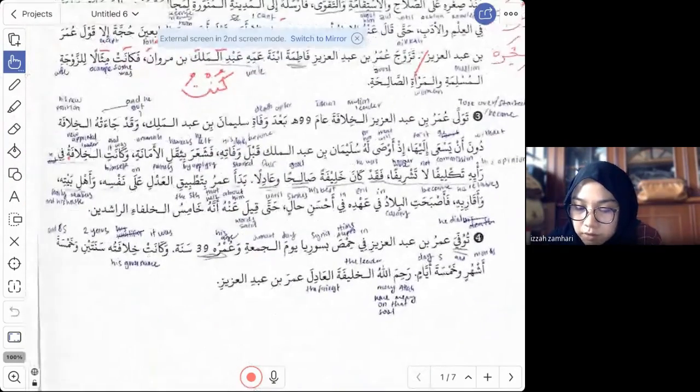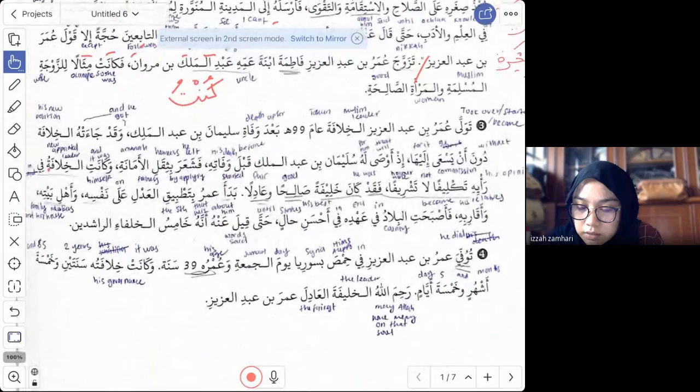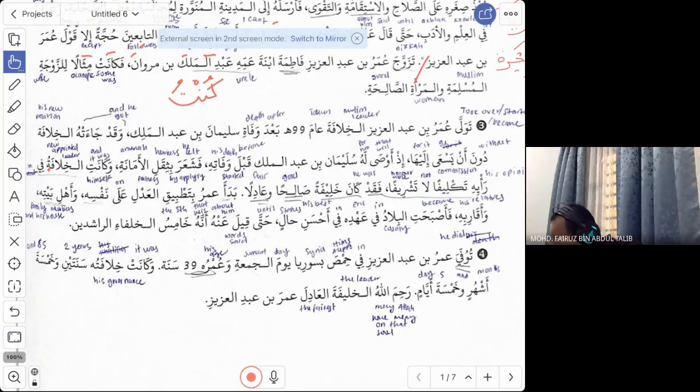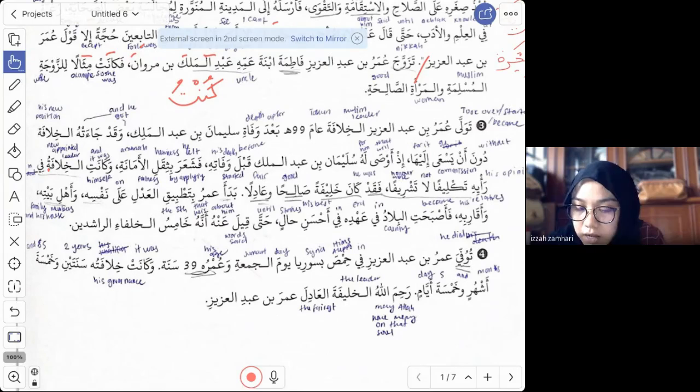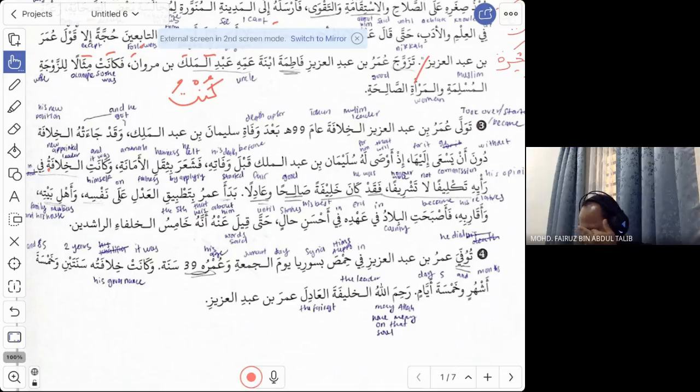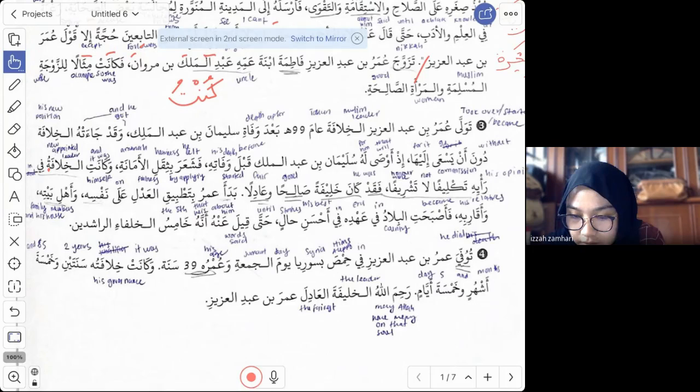the third paragraph. Tawalla Umar bin Abdul Aziz al-Khilafah, al-khilafah, in 99.